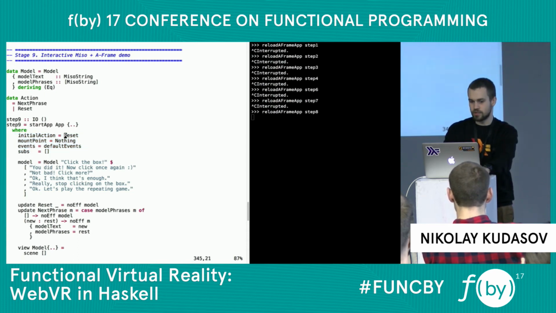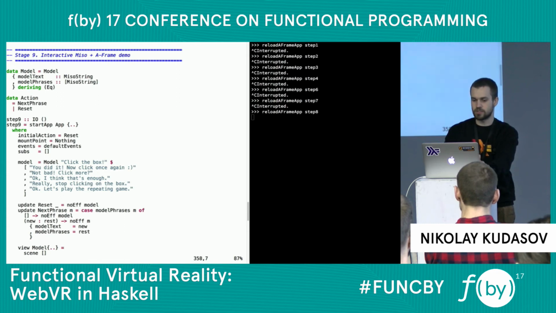The initial action is the action that is started when the application has started. Mouse point, we just ignore that. Events, we ignore that. Subscriptions, we ignore that. The model we use is this: we use the text the box, and we have these phrases to follow up.